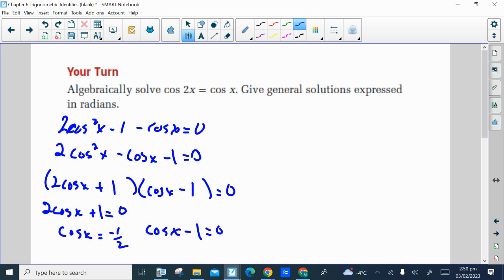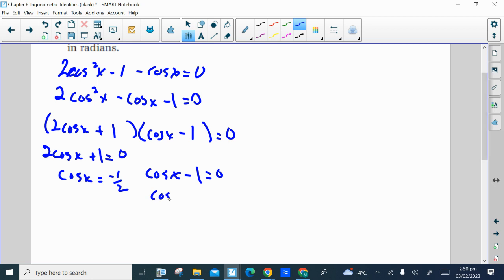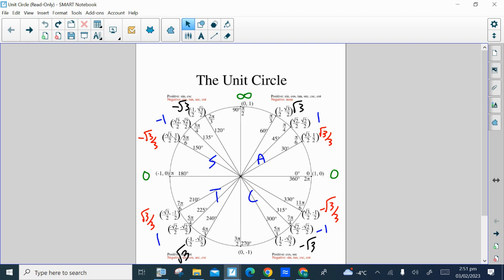And again, our solutions come where each factor equals 0. So we want to know where the cosine of x equals negative a half as well as positive 1. The cosine of x equals negative a half.